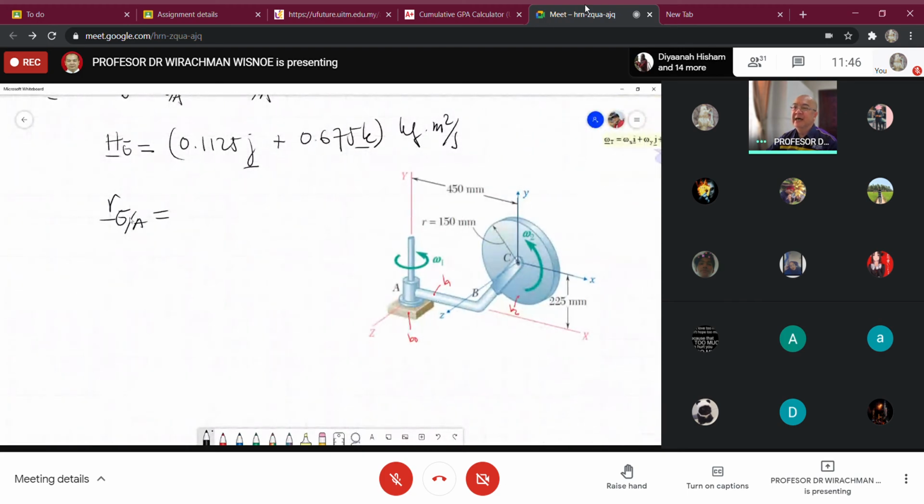Okay, tell me, what is RGA? 0.45 I. 0.45 I. And now since we are talking about from this frame, let's use the fixed frame. And then Sabrina?